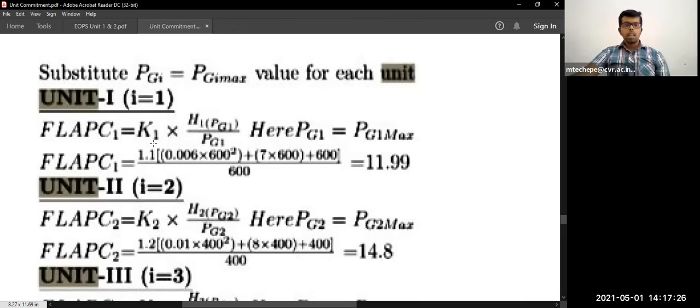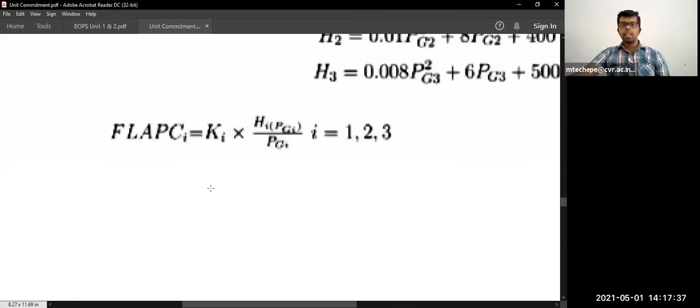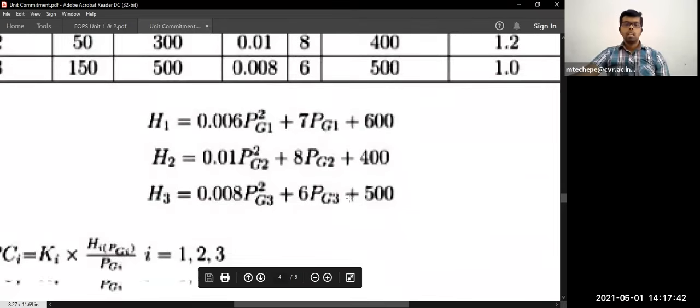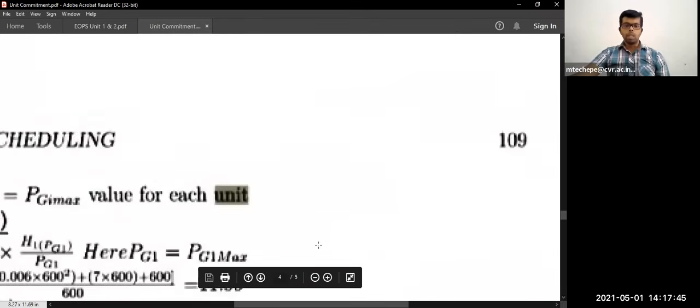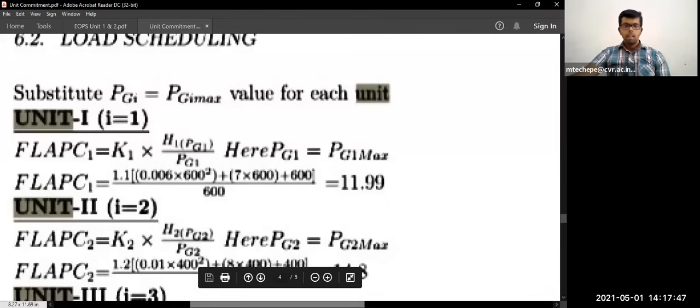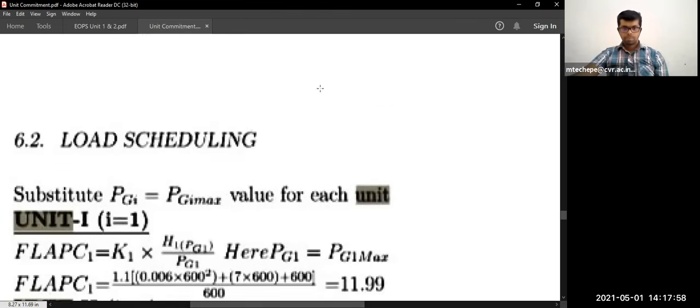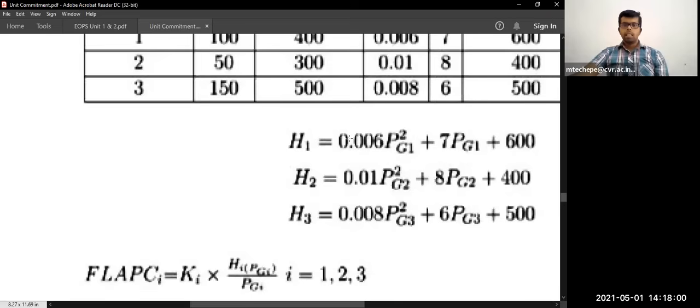So first is K1. K1 is 1.1 from the given data. Then H1 of PG1, which we have already framed here.